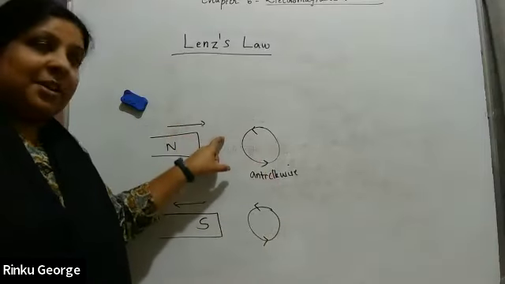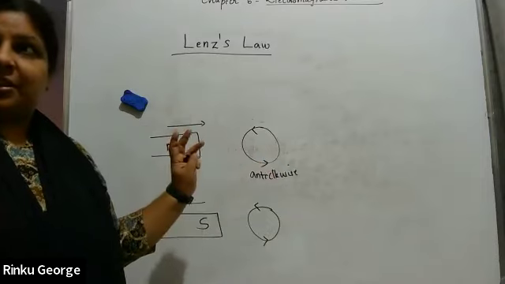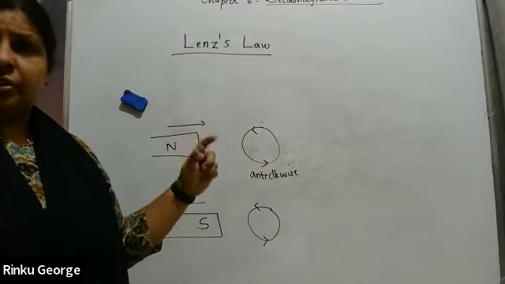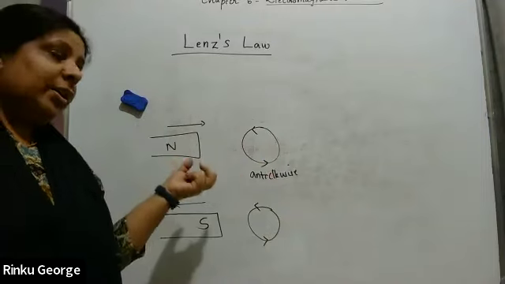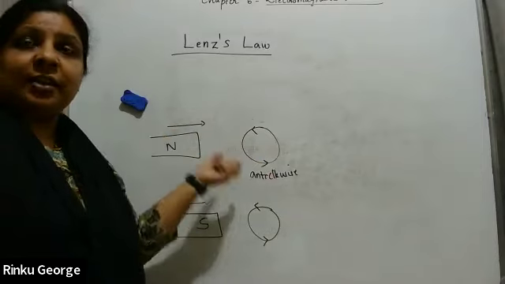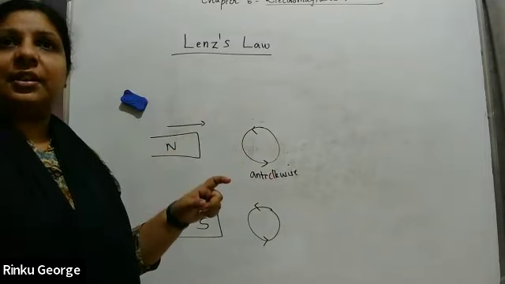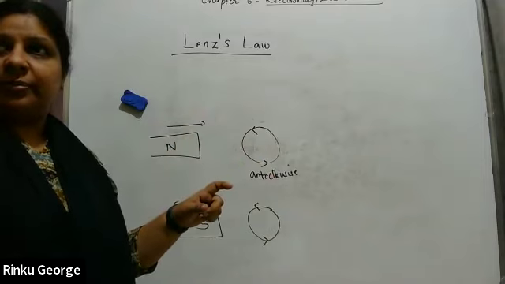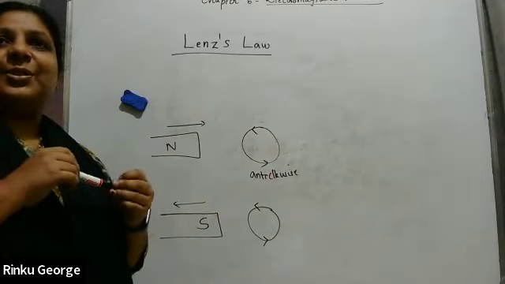So here the magnet coming is the cause, and the induced current is opposing that cause. That is the meaning. Learning by heart is not easy, so understand like this and learn. According to this law, the induced EMF is such that it produces a current which opposes the magnetic flux which produces it. Clear, right? Law is clear? Okay. Tell me, who can say the law without looking?